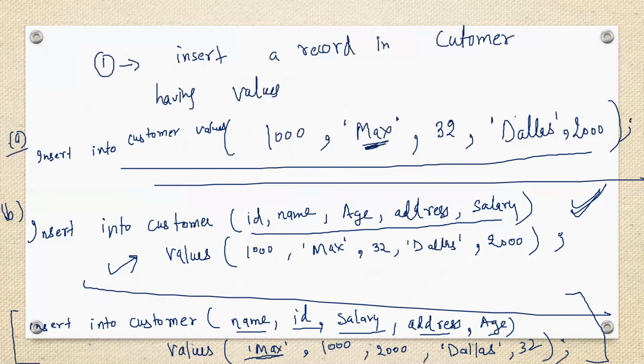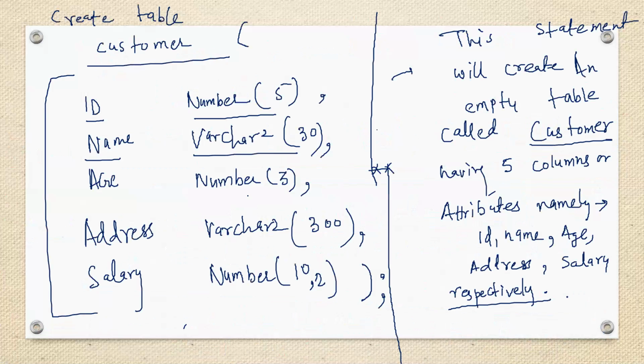This difference only changes the location, right? Name is first time, ID is second time, that's it, right? The only difference over here is we change the sequence in which the values are occurring. In the first case, we have followed the exact sequence which we followed while creating the table.